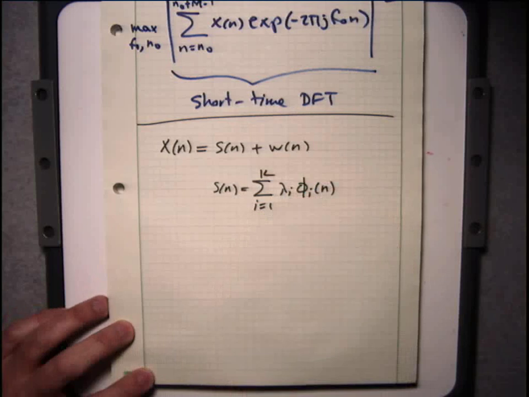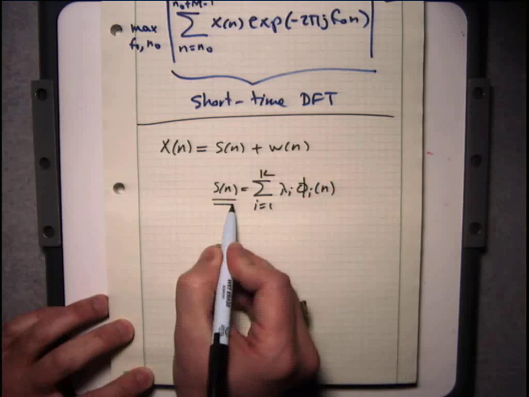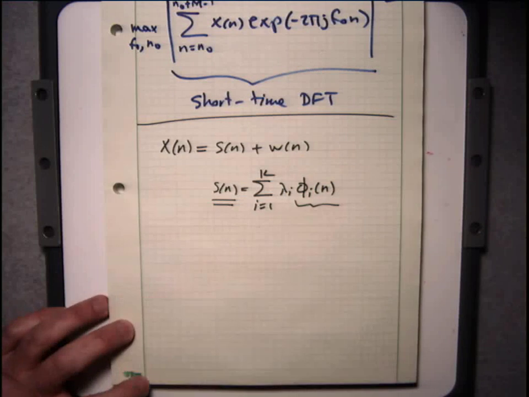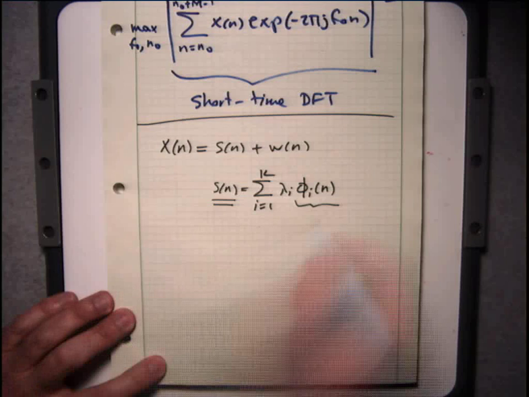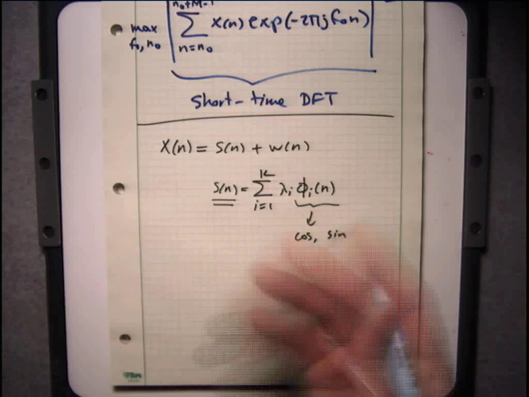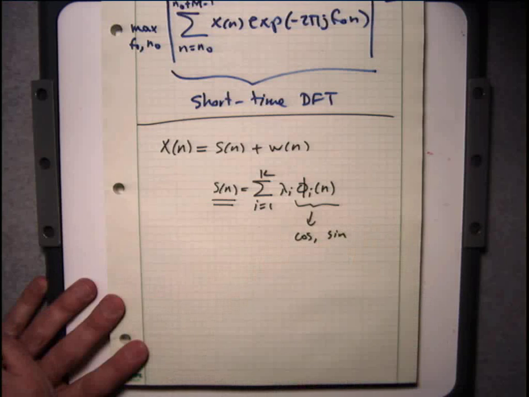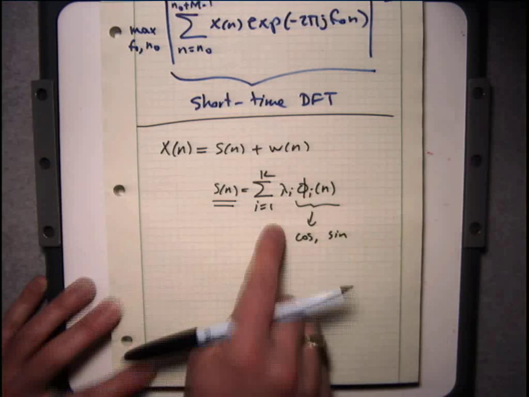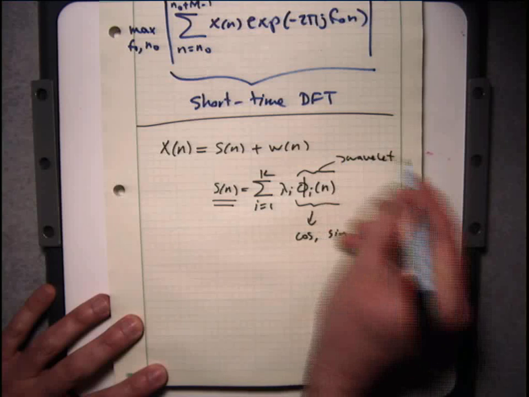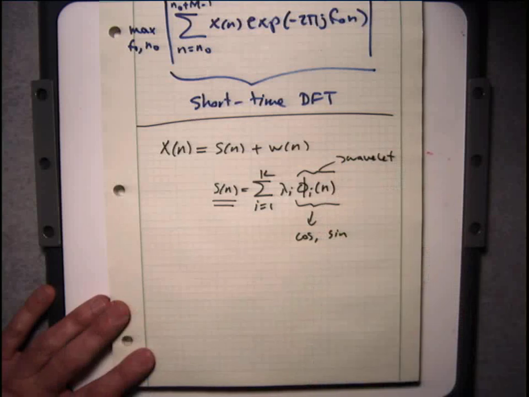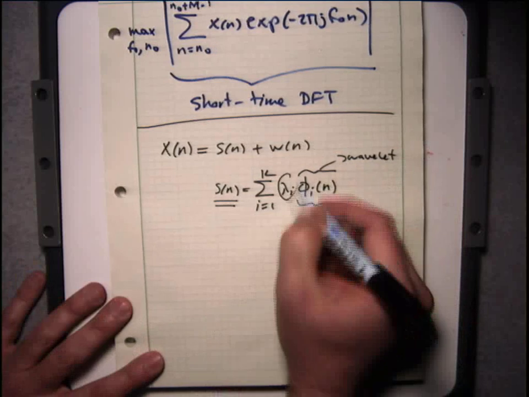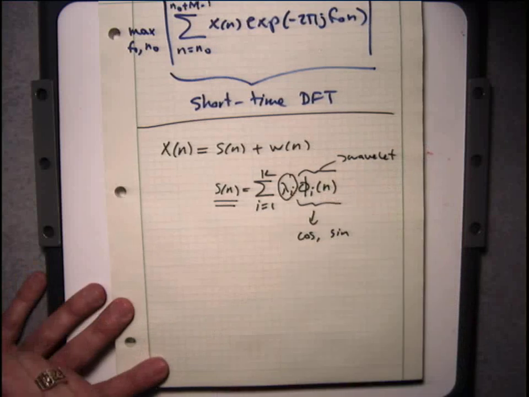Okay? What I've done here is I've expressed the signal s of n in a basis phi of n. Now, if you're talking about the Fourier basis, then these functions are cosines and sines, or complex exponentials, more generally. Right? If you express s of n in a wavelet basis, then these guys would be wavelets. Okay? Whatever you do, the point is there's a bunch of unknown coefficients. Okay?